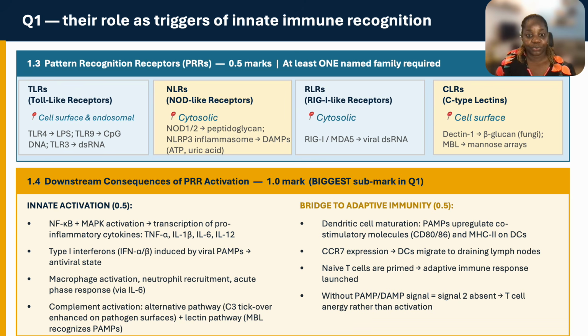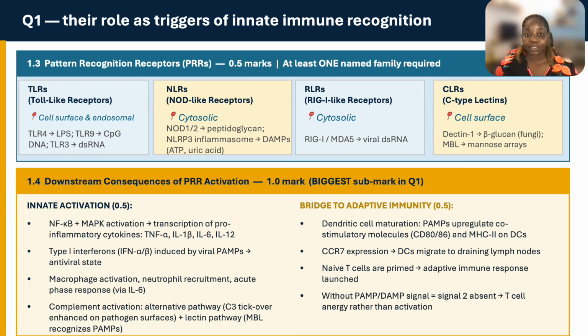So first you need to mention that after recognition of PAMPs by PRRs on dendritic cells, it will lead to their maturation, migration to lymph nodes, and activation of naive T cells. So this is the first part of the answer.